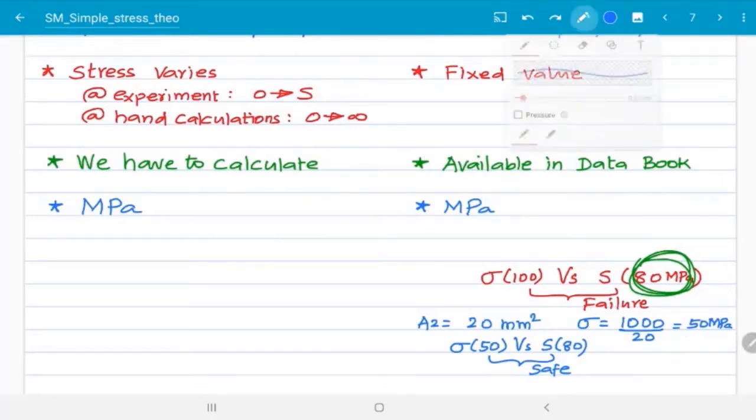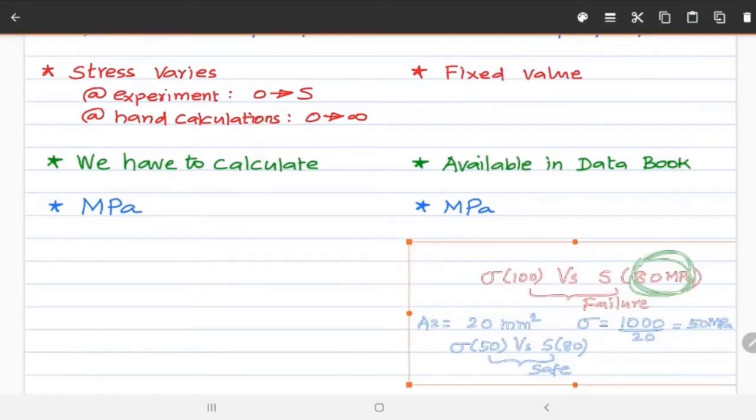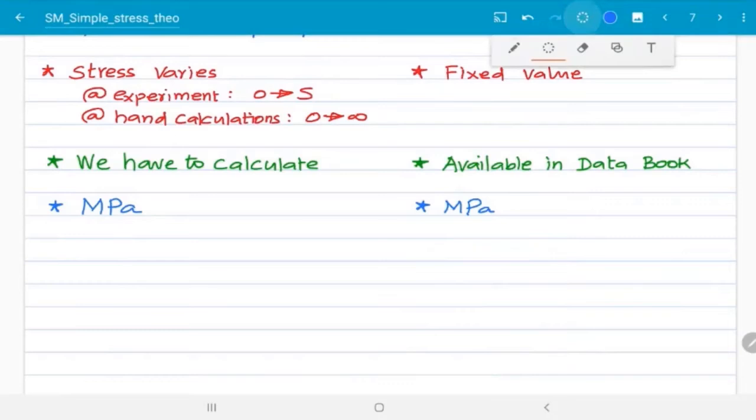Next, what are the symbols we are using for stress? Sigma and tau.